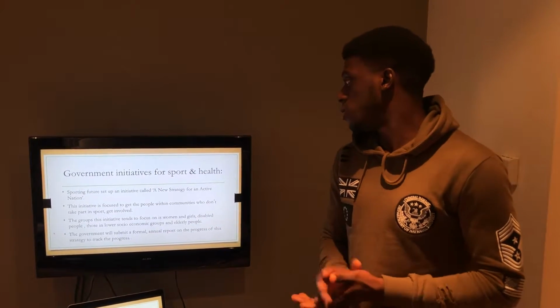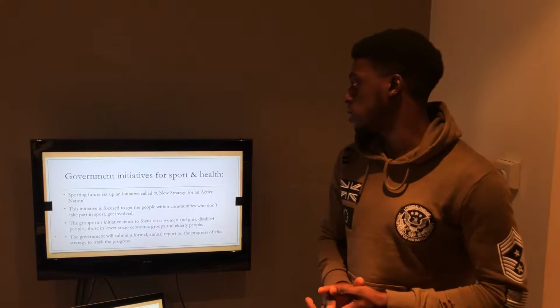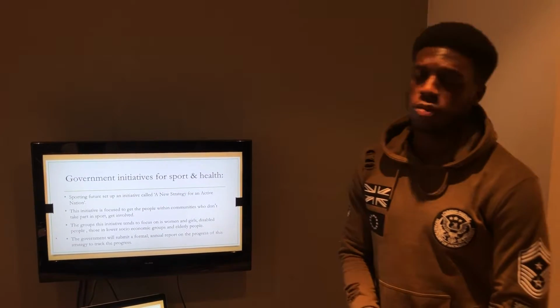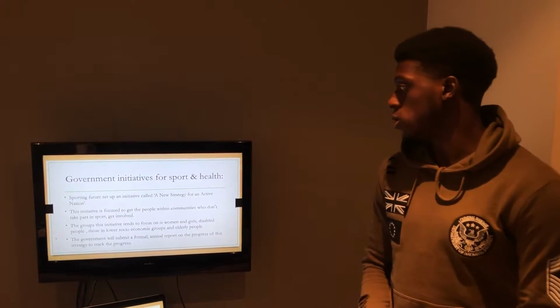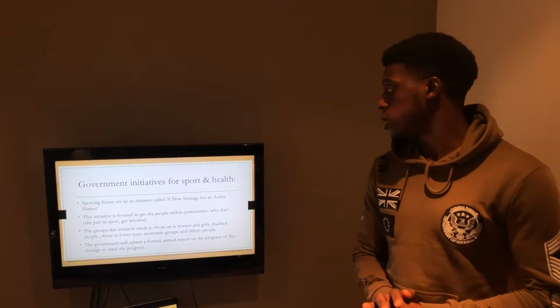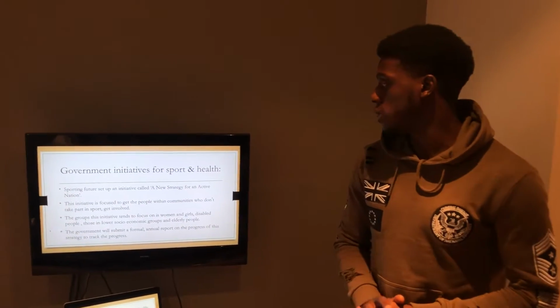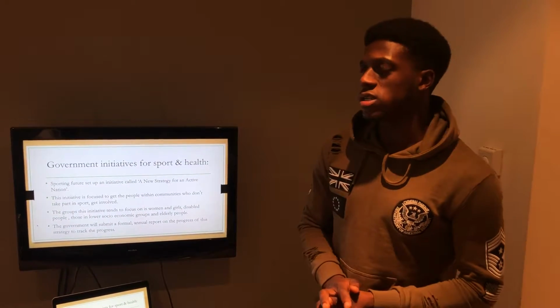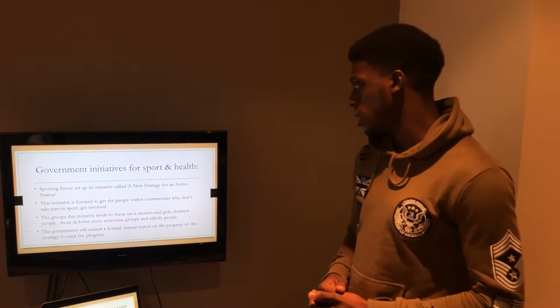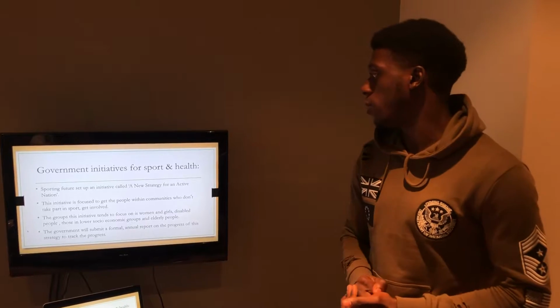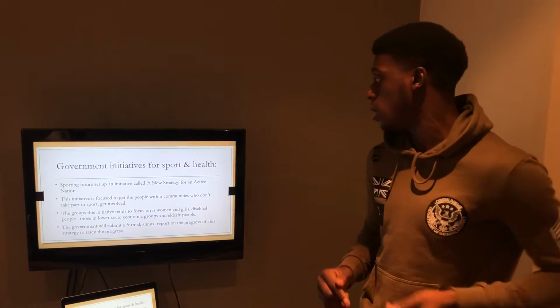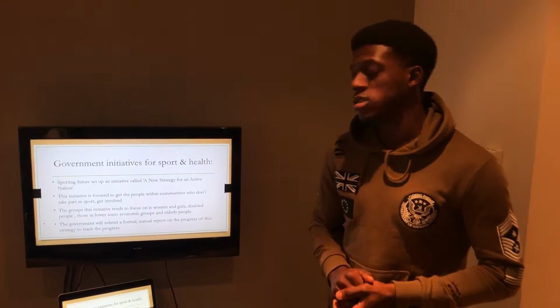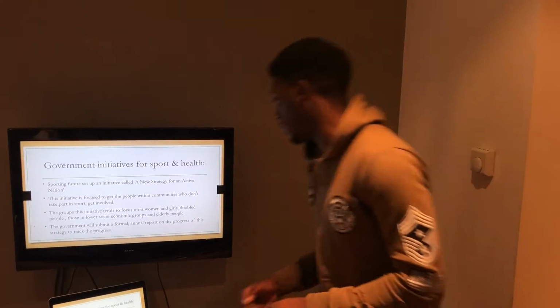The groups this initiative tends to focus on are women, girls, disabled people, those in the lower economic groups and elderly people between the ages of 40 to 70, I'll probably guess. The government will submit a formal annual report on the progress of their strategy.